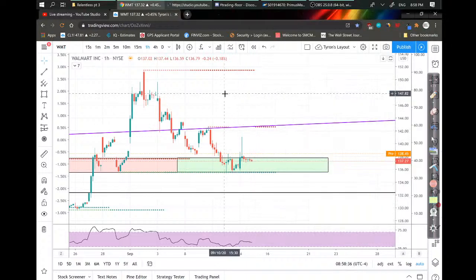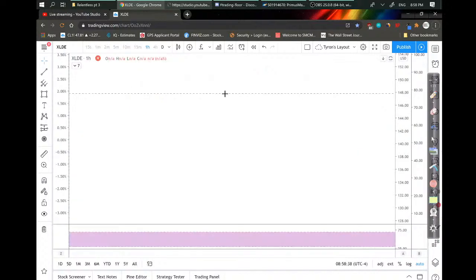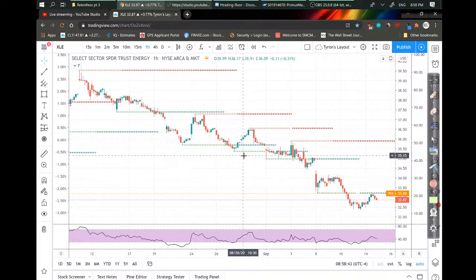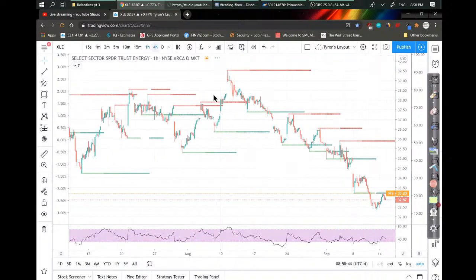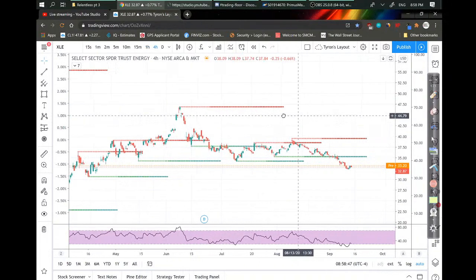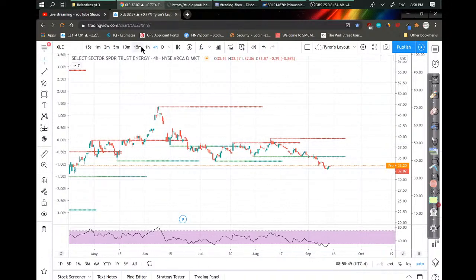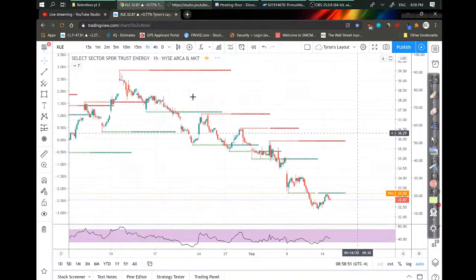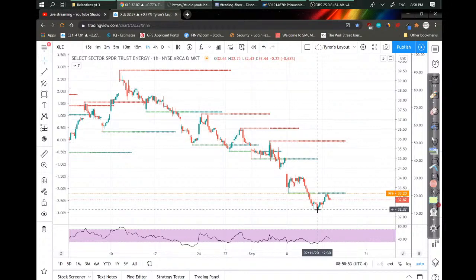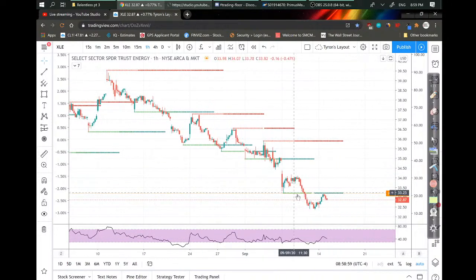Thoughts on XLE pattern? Let's have a look. This is a big downtrend. On the 1 hour chart, you can clearly see the waves, so expect this to now start turning around. The question becomes, should you take this to the downside?